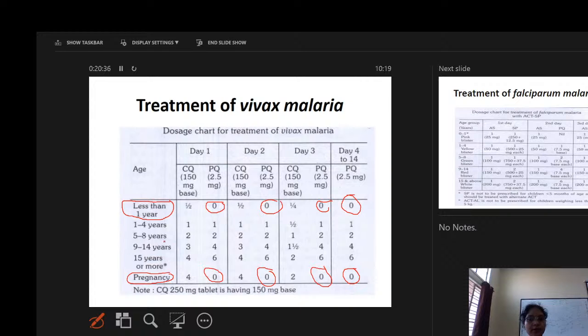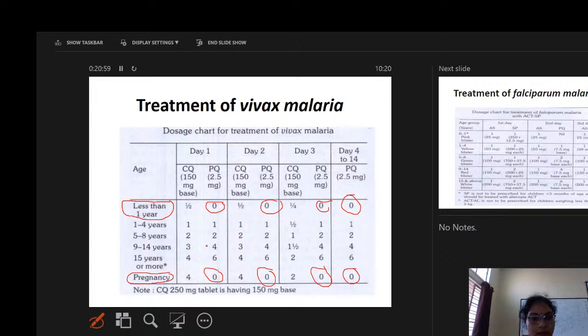Okay, so for 1 to 4 years we will give chloroquine 1 on day 1, primaquine 1, same thing, but on day 3 we will give half. On day 4 we will give only primaquine because it is from day 4 to day 14. I mean, primaquine from day 1 to 14, and chloroquine is only for 3 days.